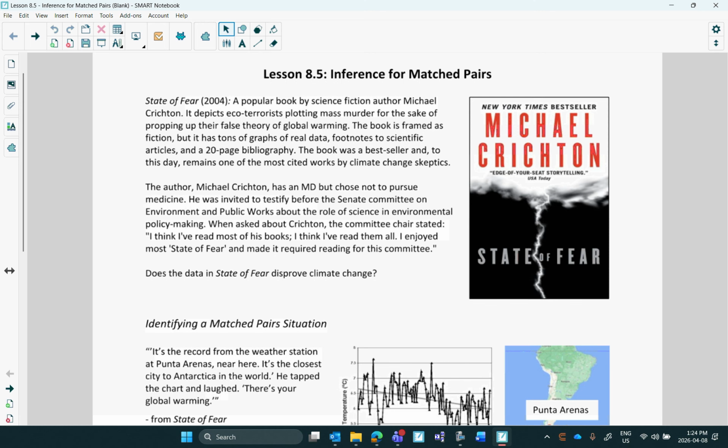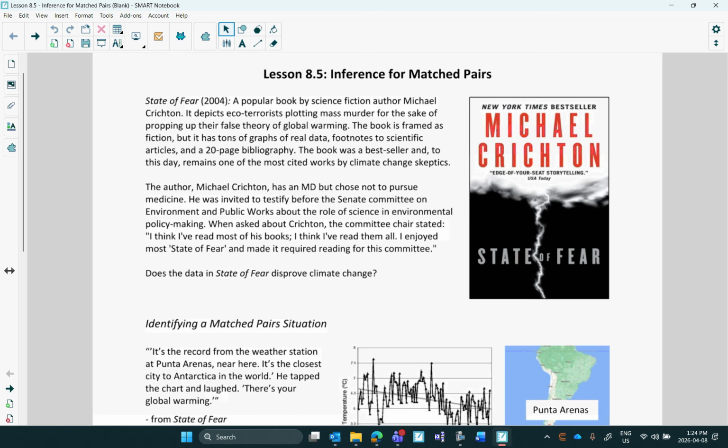There was a book written in the early 2000s, State of Fear, by an author who actually has a background in medicine, Michael Crichton. What was it about?